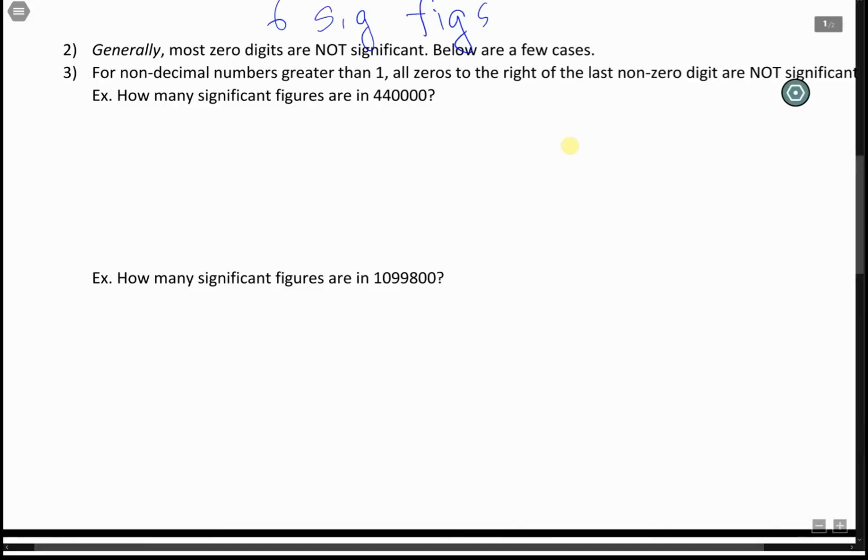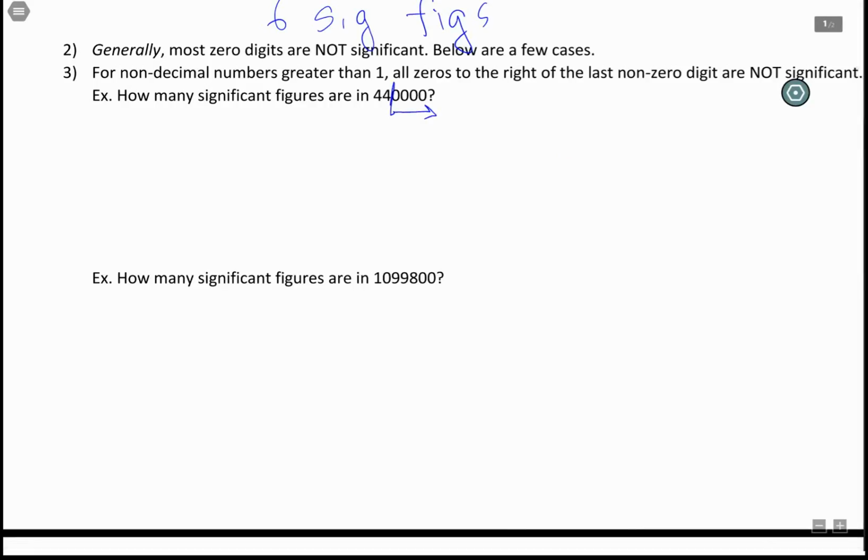How many significant figures are in this number? All zeros to the right of the last non-zero digit, in this case the 4 in this place, are not significant. Starting from here, everything after that, these zeros are not significant.